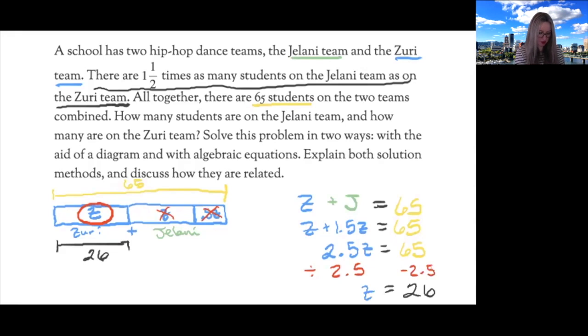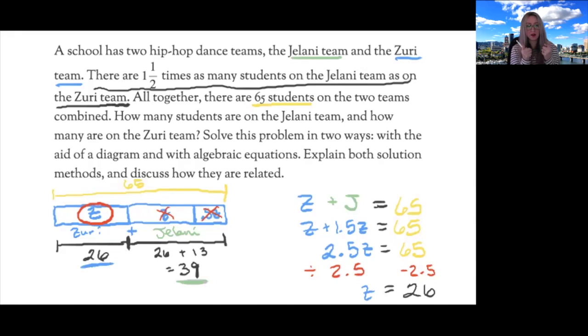And then if we want to think about how much does Jaylani have, Jaylani has 26 plus another half of 26. So that'd be 26 plus 13, 39 students altogether. So Team Zuri, 26 students. Team Jaylani, 1.5 times as many with 39.